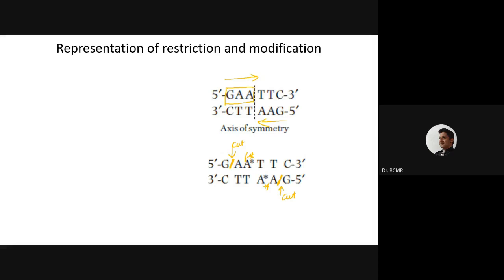That means here this adenine is going to be modified, and when this adenine is modified, the restriction endonuclease cannot cut here. It's not the same with all the cases, but we will see about it. I hope you understood what the slash stands for and what the asterisk stands for. There are variations to these based on different types of restriction endonucleases.